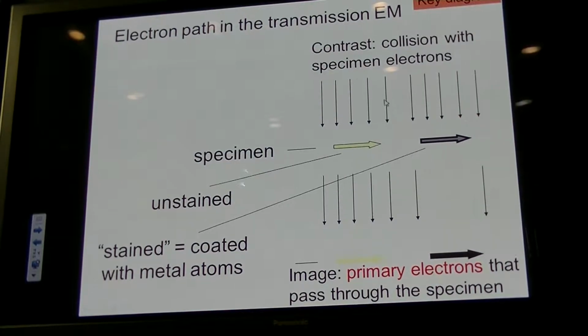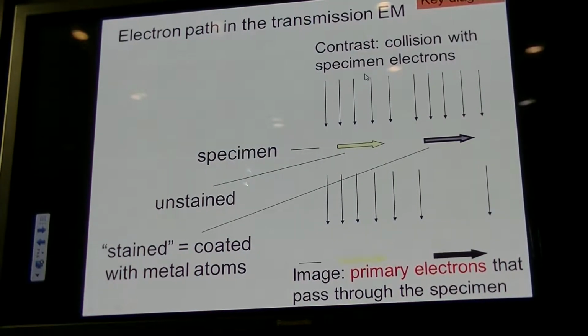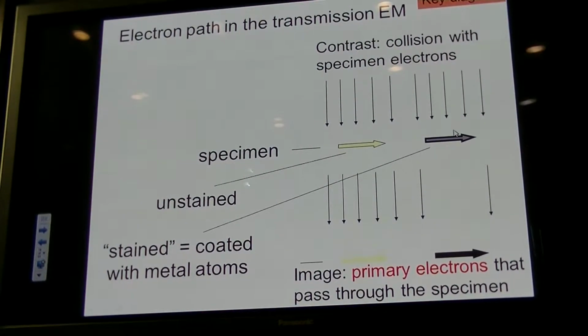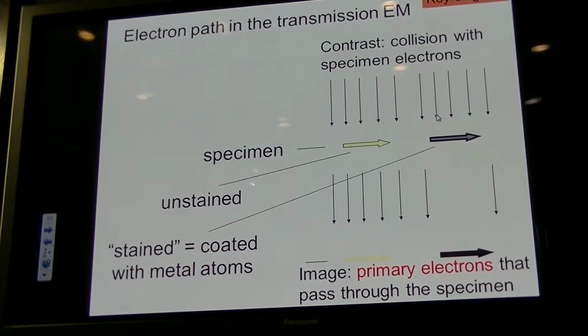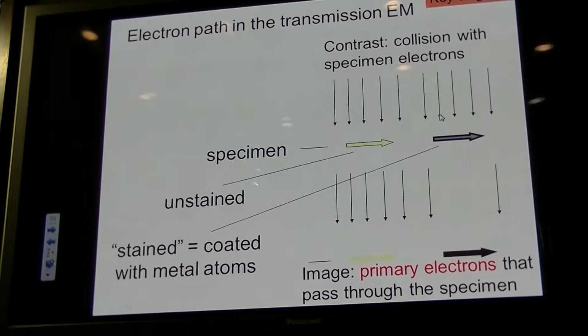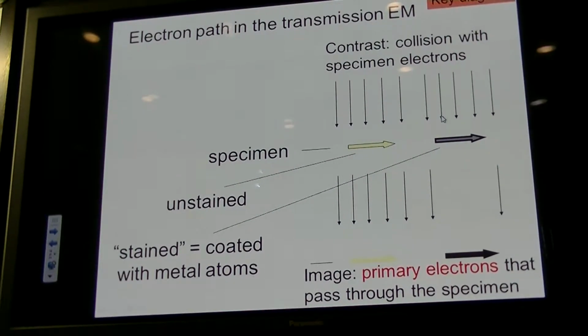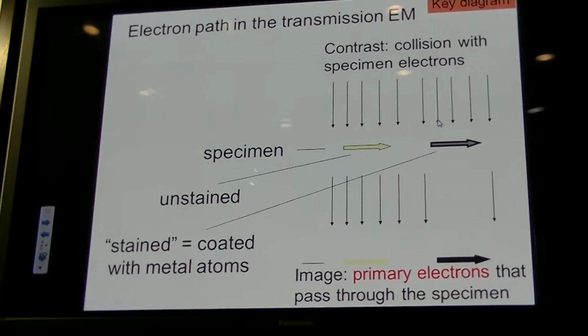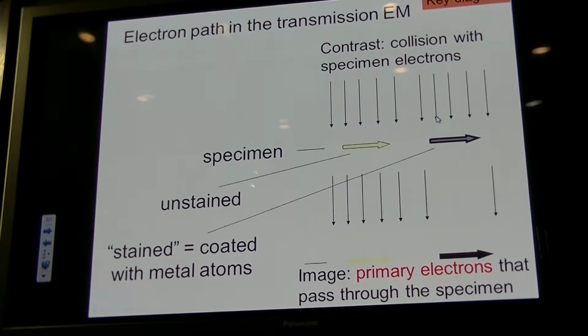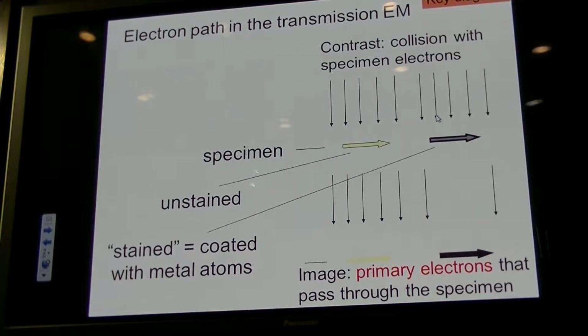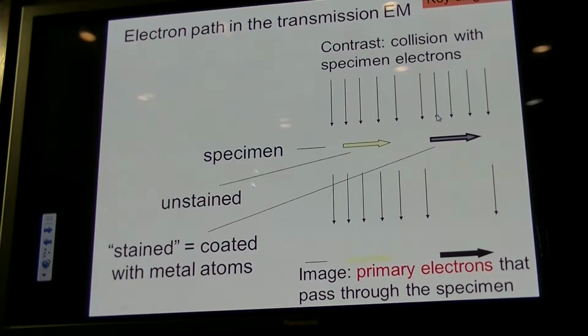Now, the electrons that are formed at the source and that are focused on our specimen, on our sample, we call those the primary electrons. So let's say the light beam, in the analogy with the light microscope. The photons in the light beam and the electrons that come from the filament in the electron microscope, those are the primary electrons.